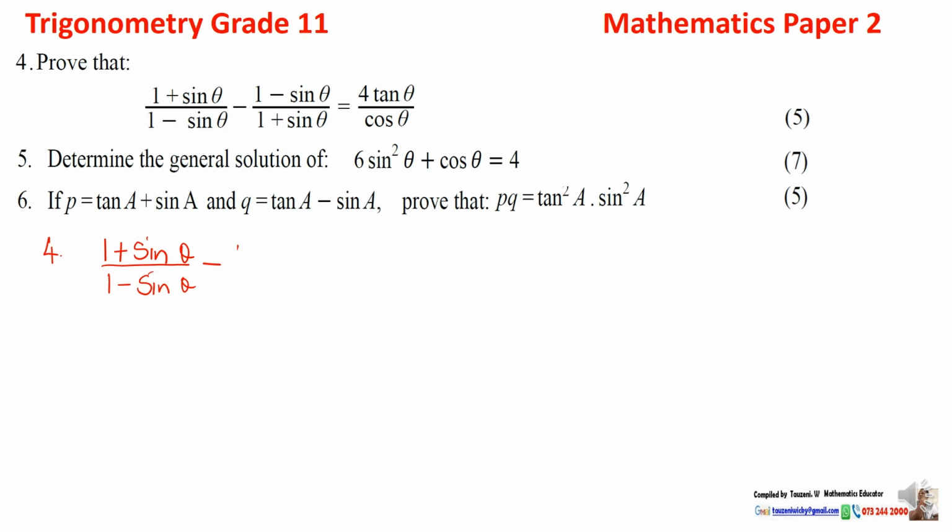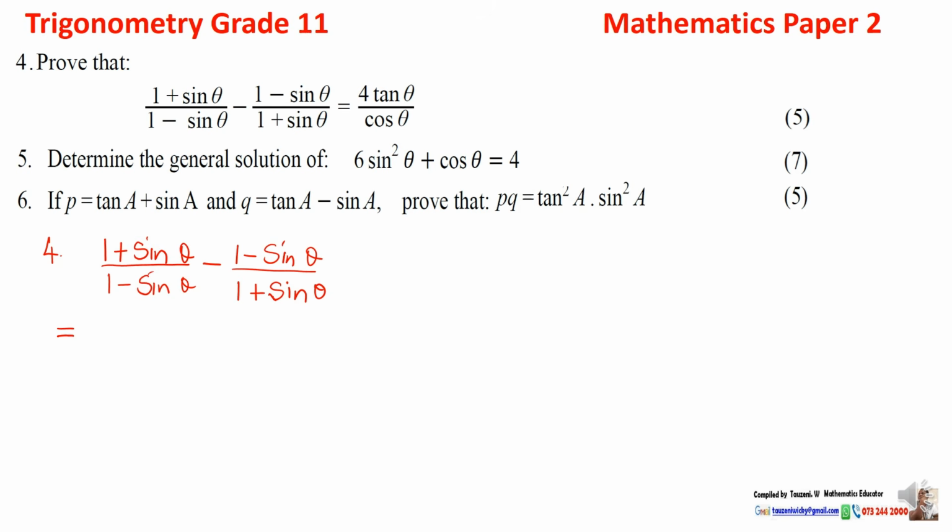Those are the two identities that we do in grade 11. So when you are working out an identity, you must look for equivalent expressions that you can replace. Let's have a look at how to go about answering this one.